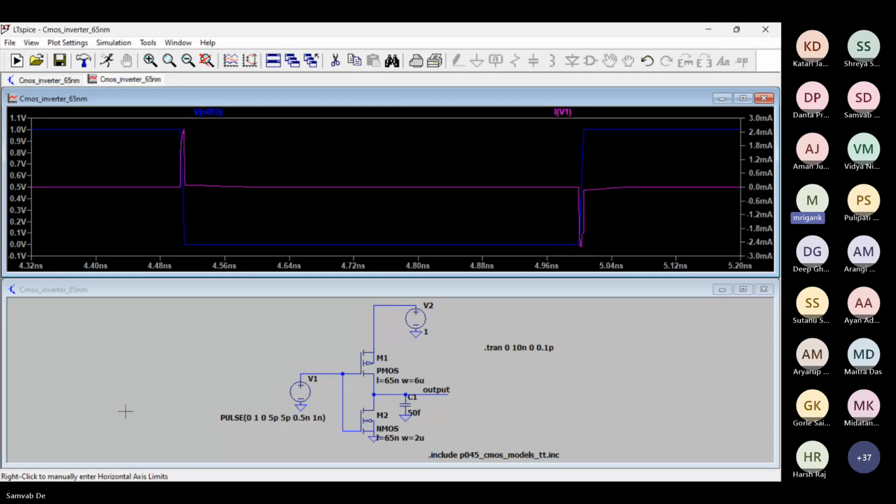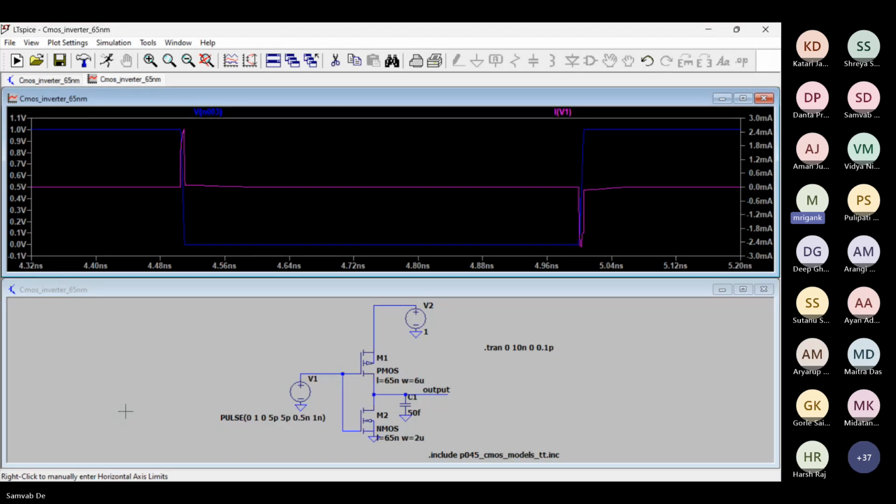The effective Miller effect brings that CGD in parallel with the CGS, and that appears between gate and AC ground for every small increase in the gate voltage. So you have an effective capacitor between gate and the AC ground. Whenever the signal is going up, it is charging that effective capacitor, and when it is going down, it is discharging that capacitor.